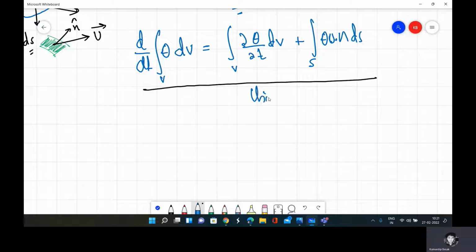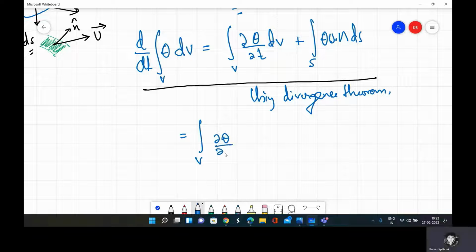So using the divergence theorem, I'm writing only the second part, that is equal to the integral over v of del theta by del t dv plus the integral over v of the divergence of theta u dv. Simple. This n ds part becomes dv, and the theta u inside becomes the divergence of theta u integrated over dv.